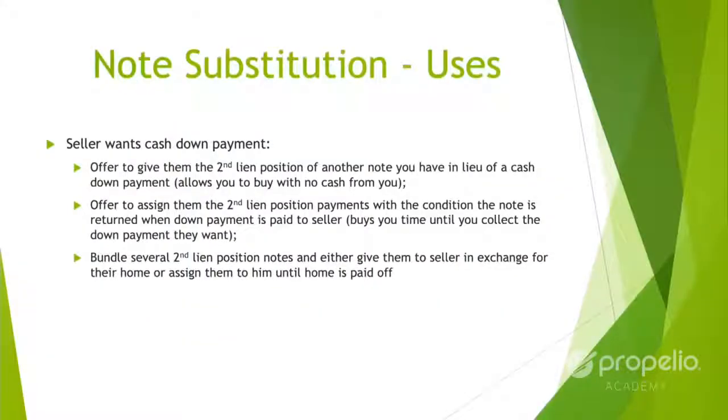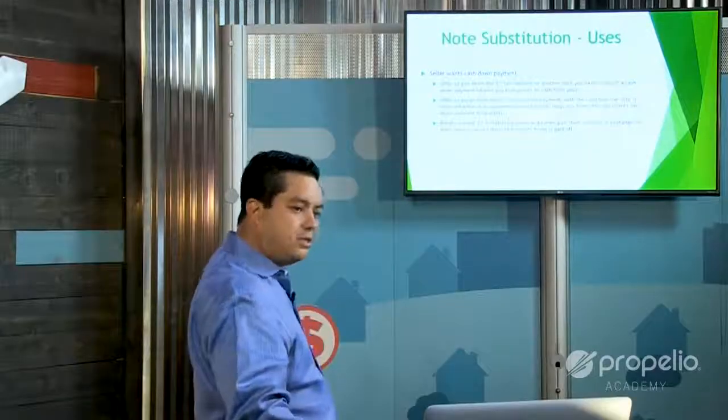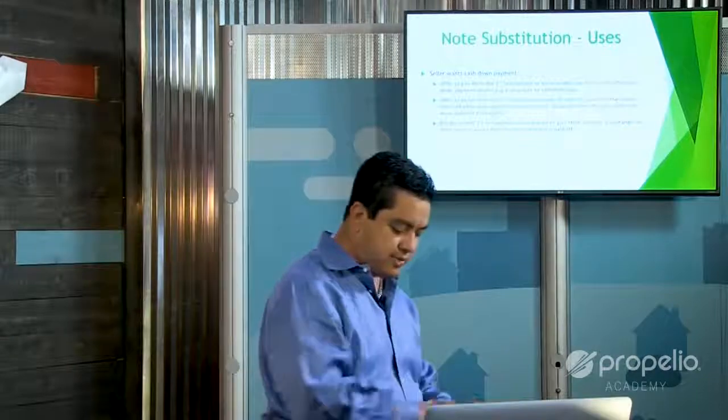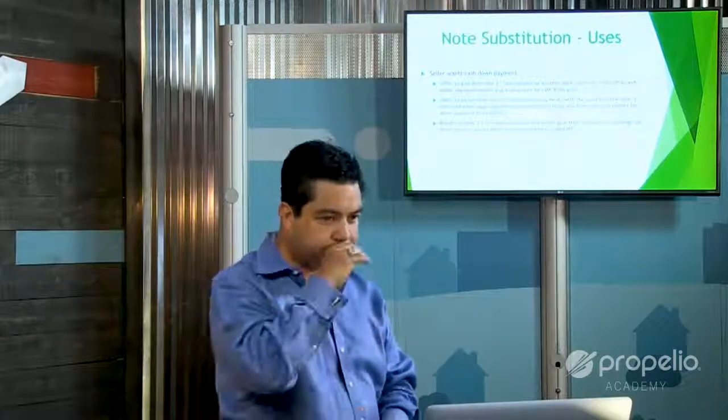The last option, you can bundle several second lien position notes and either give them to a seller in exchange for their home or assign it to them until the home is paid off. I have purchased homes and wholesaled them this way. So I've got a seller that says, hey, I'm selling my home for $100,000. I can say, well, listen, Mr. Seller, I understand that you want the cash right now.